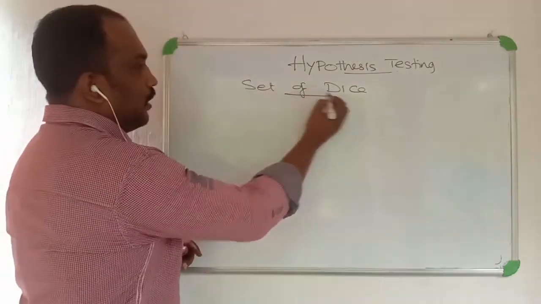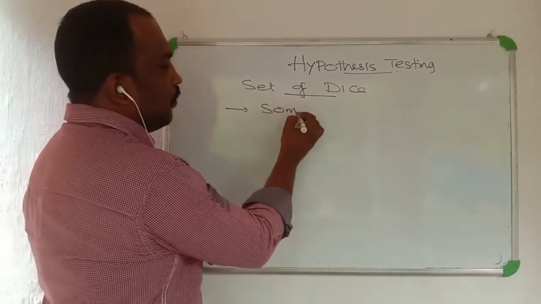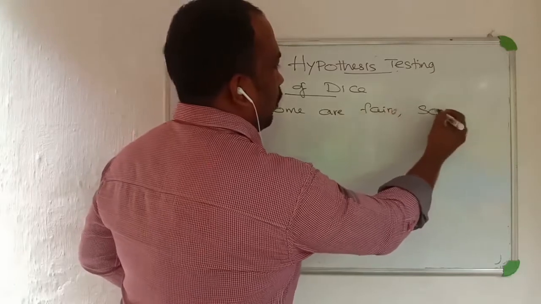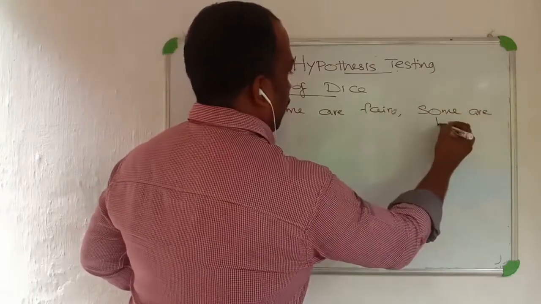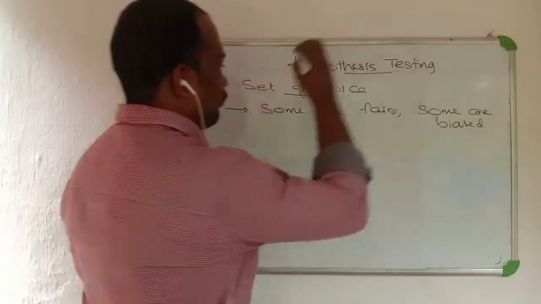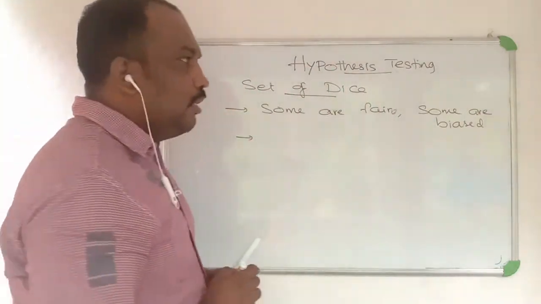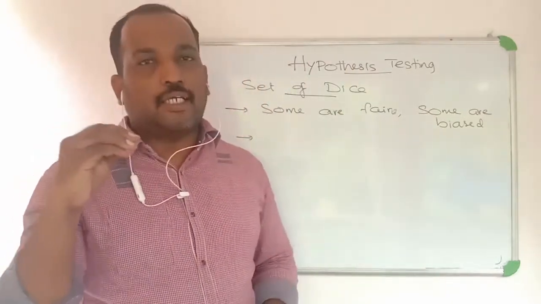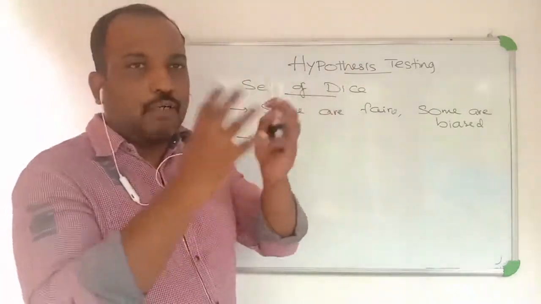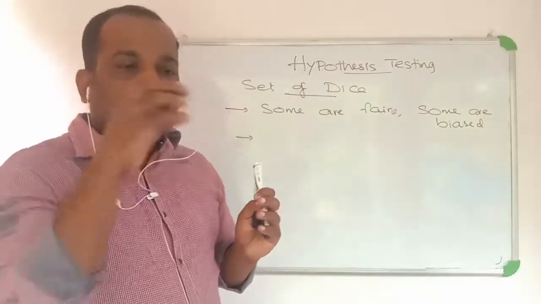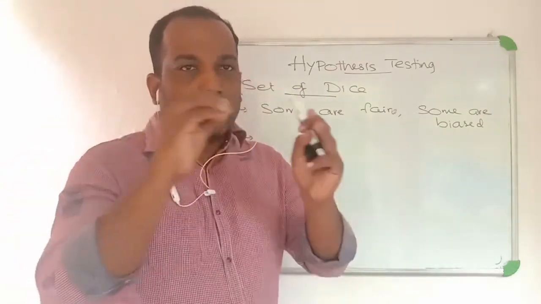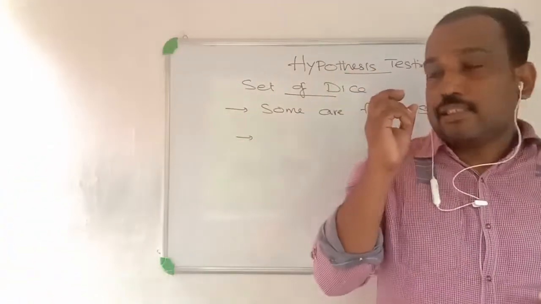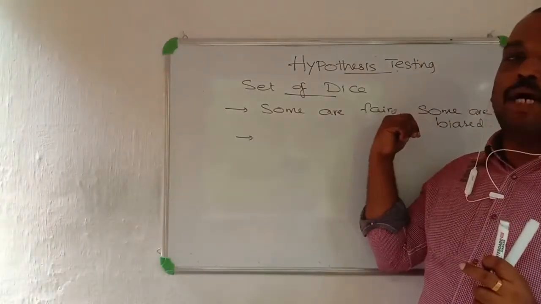Suppose I am selecting a die from that set. Now the die in my hand is either a fair die or a biased one.